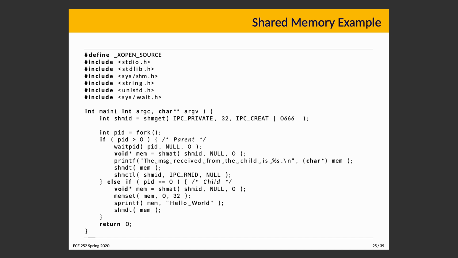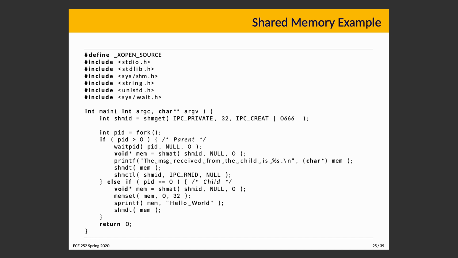It returns a shared memory ID, and it's a newly created one with permissions 666. Doing this before the fork means there's no requirement to communicate to the child process or to the parent process what the shared memory ID is, because it's already been known to both of them at the time of fork. So the parent process will just wait for the child to run as the first thing that happens after fork. So we'll skip down to the child and talk about its code first.